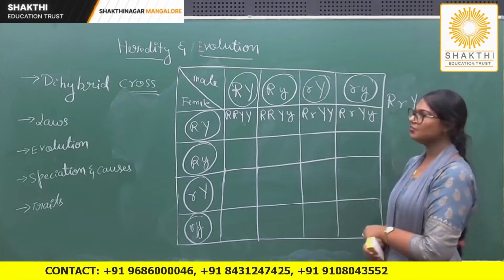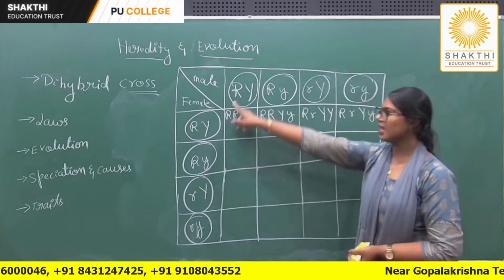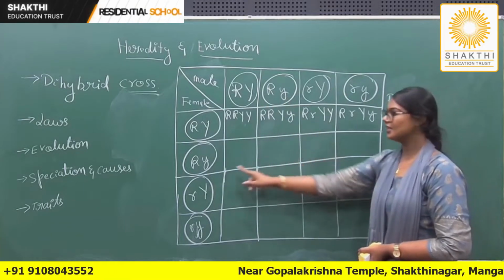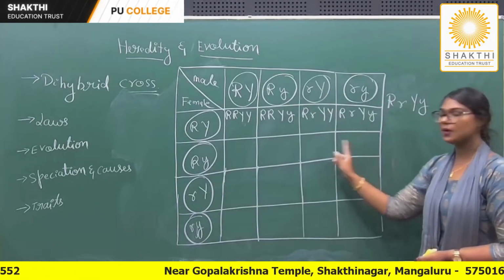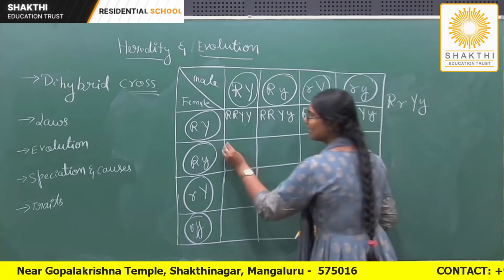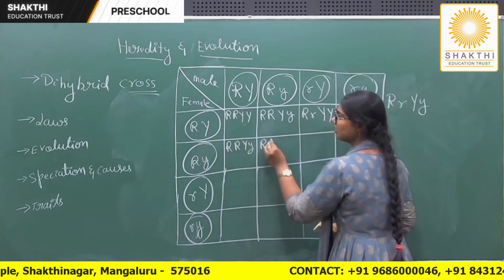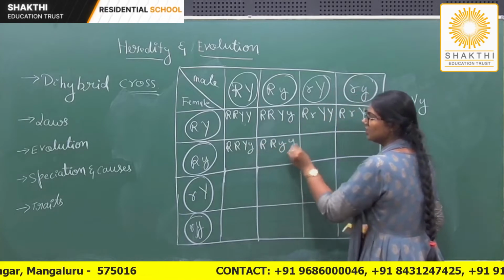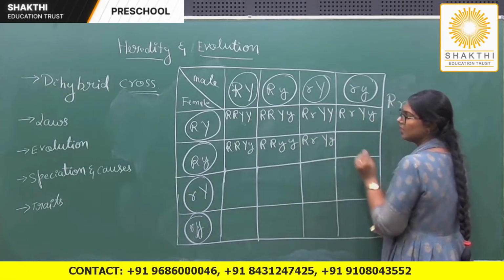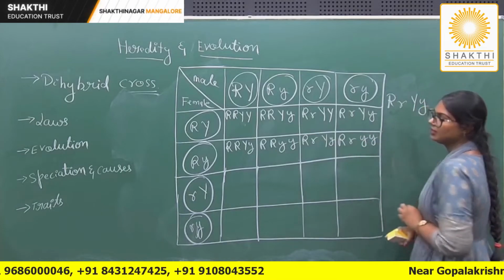Same way we shall fill all the boxes, students. The first box will be this and this, second one this and this, third one this and this, fourth one the second and fourth box. Very easy. R, R, Y, Y, capital R, small y, capital R, small r, capital Y, small y, capital R, small y, small y.